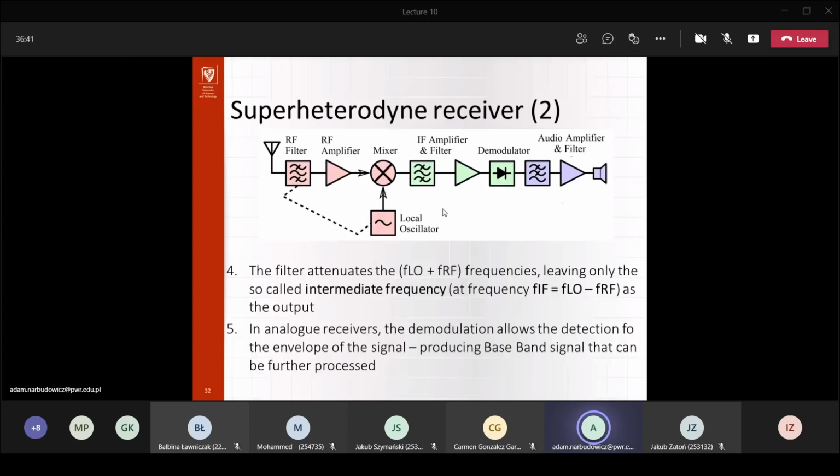This allows us quite some flexibility, also because it's then easier to tune the local oscillator to the desired frequency if it needs to change.